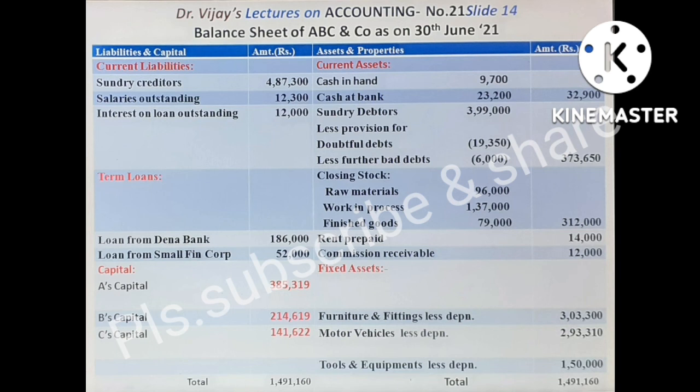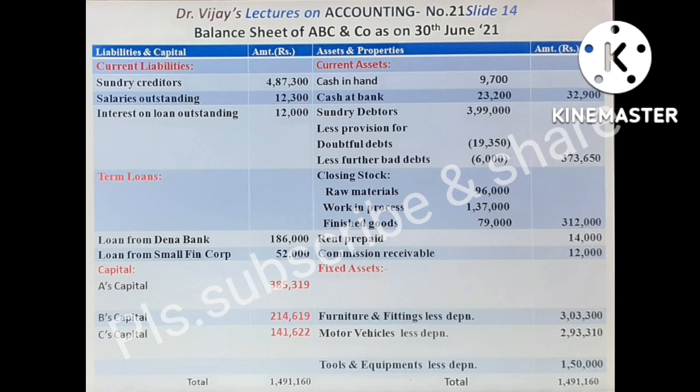On the asset side, first is current assets: cash in hand and cash at bank, sundry debtors minus further bad debts and provision for doubtful debts, closing provision, new provision, then closing stock of raw materials, work in process and finished goods, rent prepaid, and commission receivable.